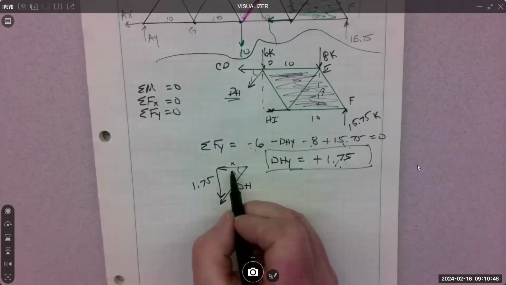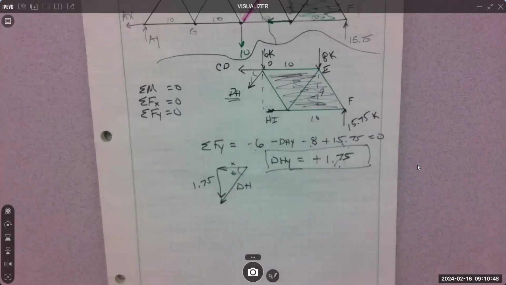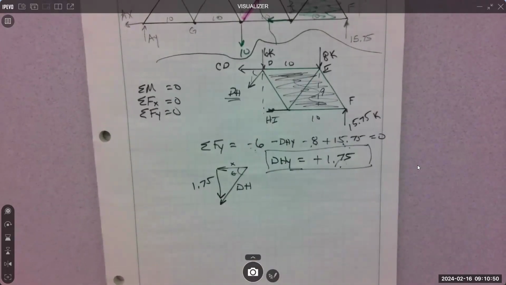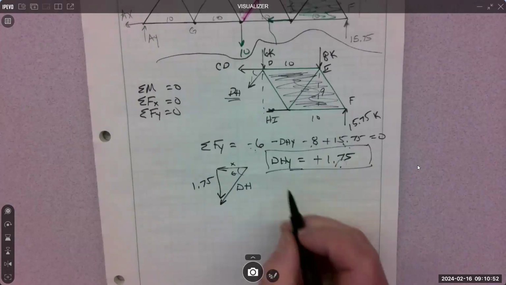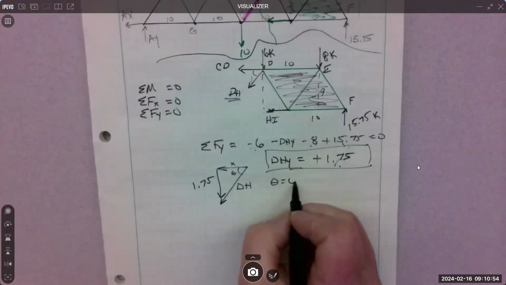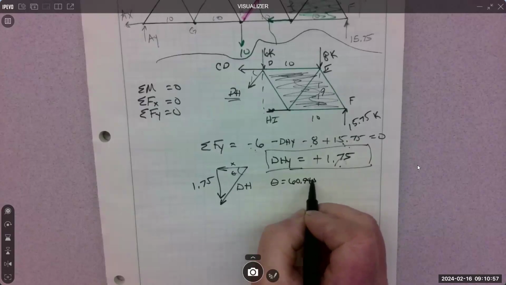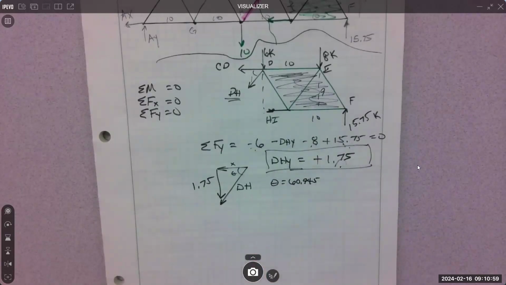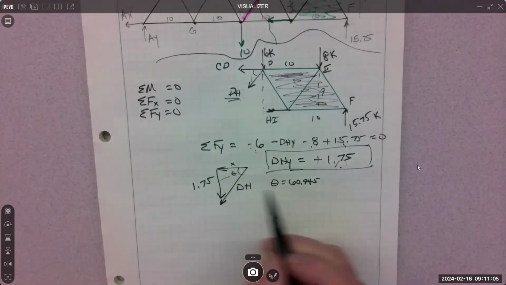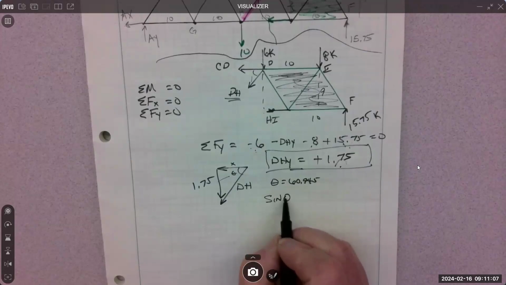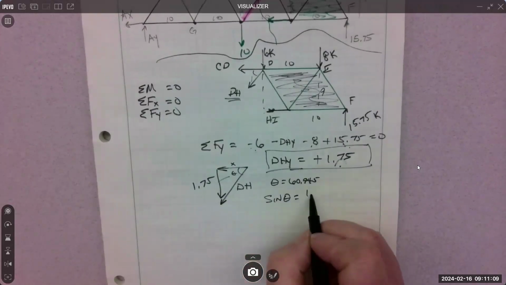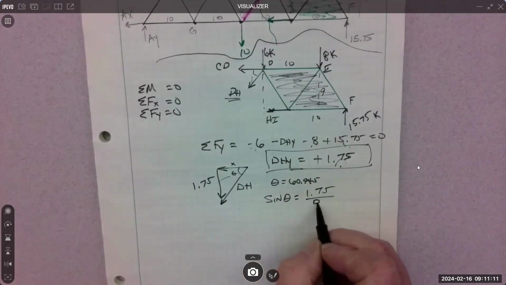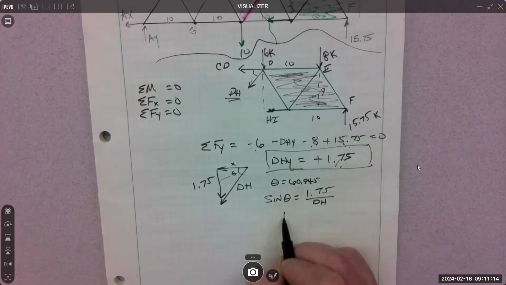This is our theta. What was theta? 60.945. Right, that was the inverse tangent of 9/5. So I could use sine theta equals 1.75 over DH. DH equals.